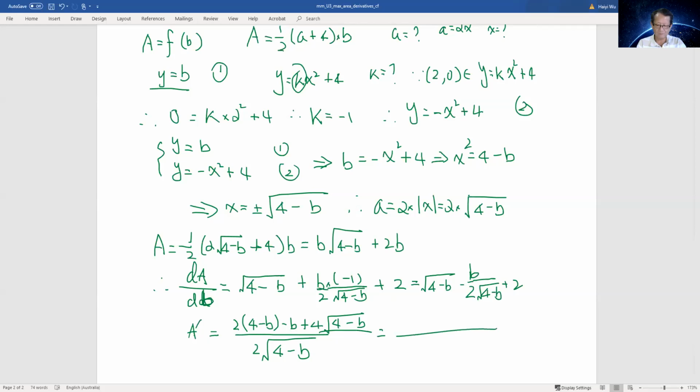Simplify further. We expand the brackets, so it'll be 8 minus 2b minus b plus 4 square root 4 minus b.